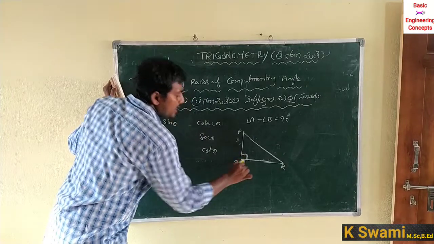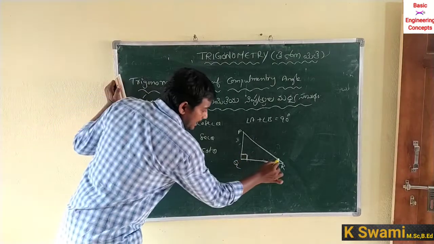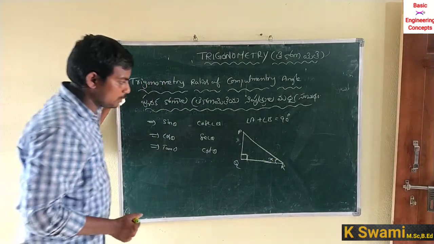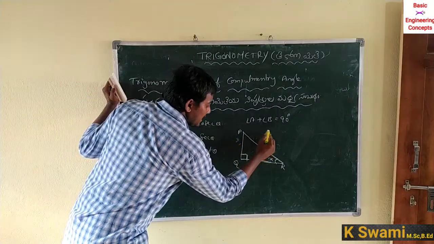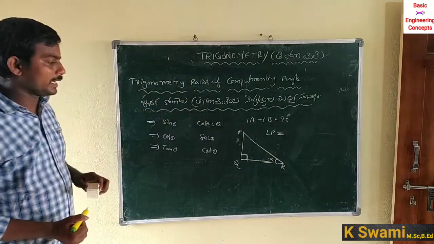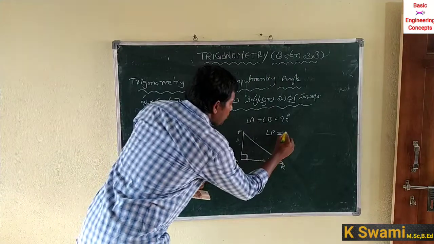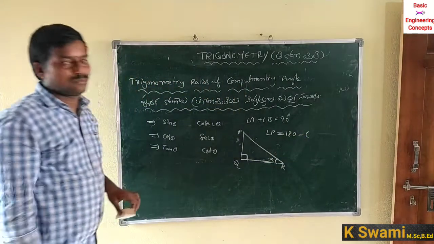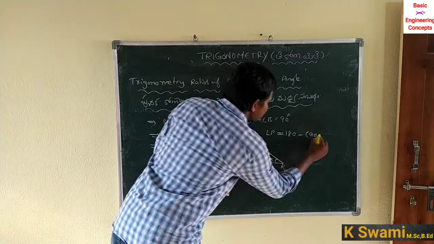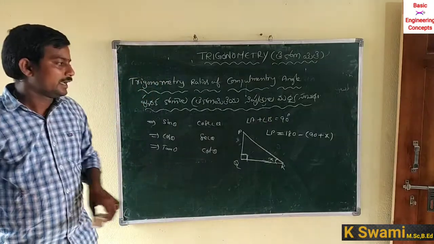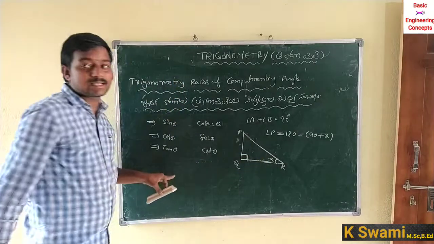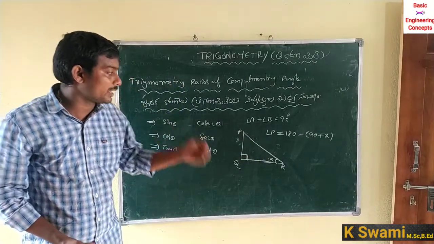Angle Q is 90 degrees and angle R is X. We know that angle P is equal to 180 minus (90 plus X), because the sum of the three angles of a triangle is 180 degrees.